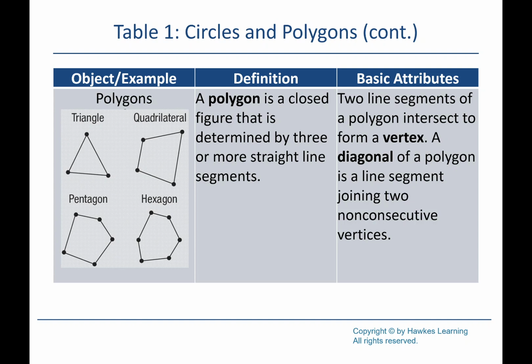We'll get the triangle. If we have 4, we get a quadrilateral. 5, we get a pentagon. 6, we get a hexagon. You may remember 7. 7's a weird one we don't talk about as much. 7's a heptagon, H-E-P.